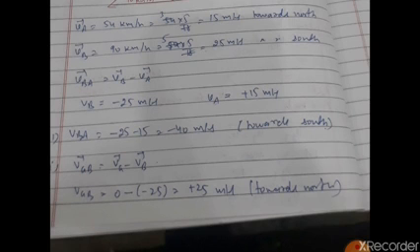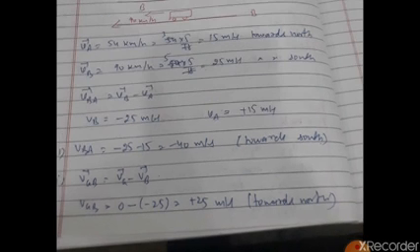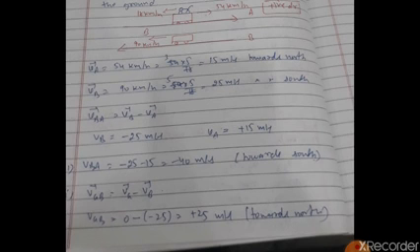So the answer will be plus 25 meter per second, meaning it will be towards north. We can say here that if B is moving towards the left hand side, towards the south side, then how will the ground appear to be moving? It will appear to us as moving with the same velocity 25 meter per second but towards the north side.